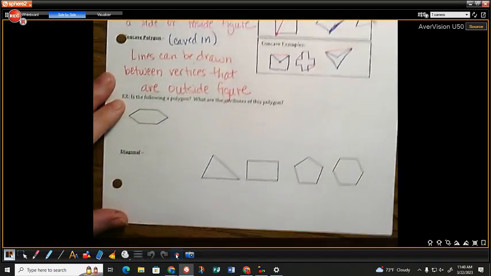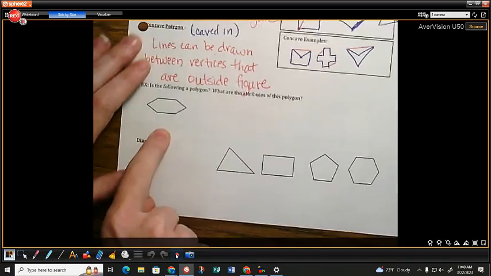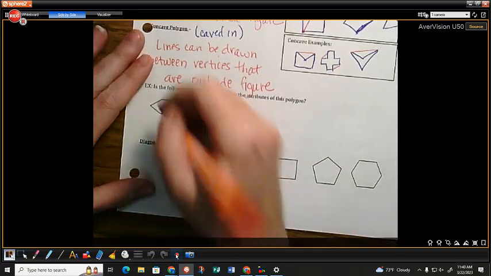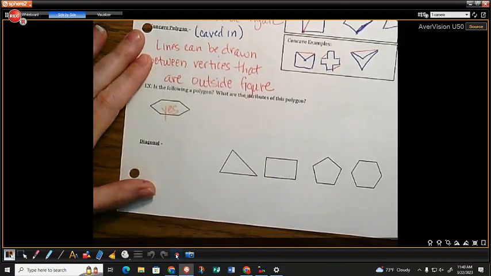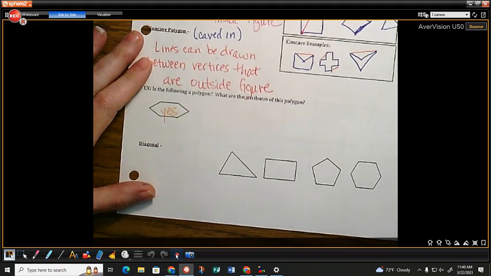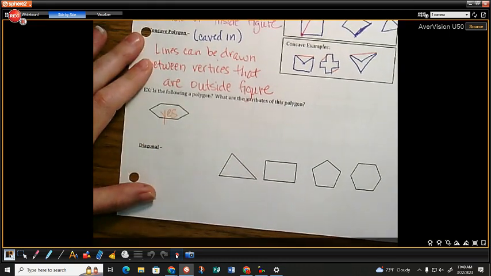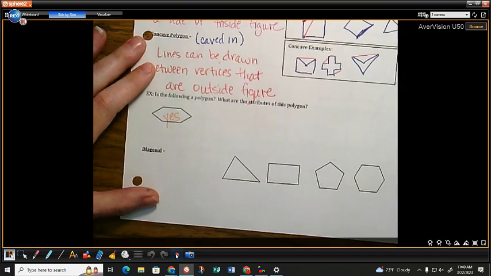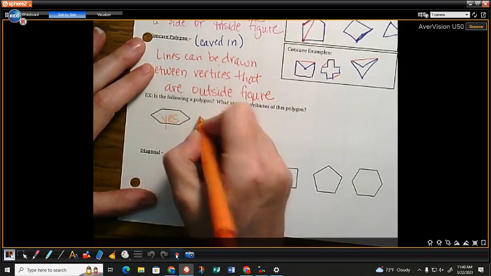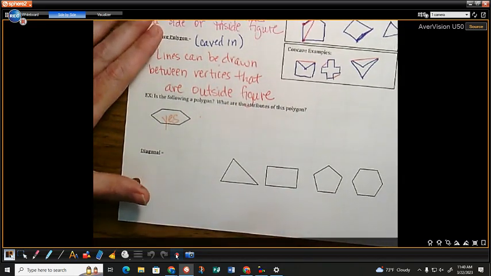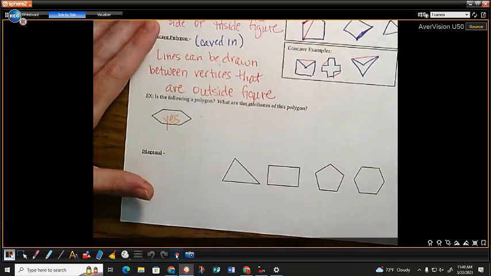So, is the following figure a polygon? Yes, it is. It is closed, and it has line segments for sides. Has 3 or more of them. So tell me some of its attributes. What can you see about this particular polygon? It's closed, but that's part of being a polygon, so I don't have to write it separately.